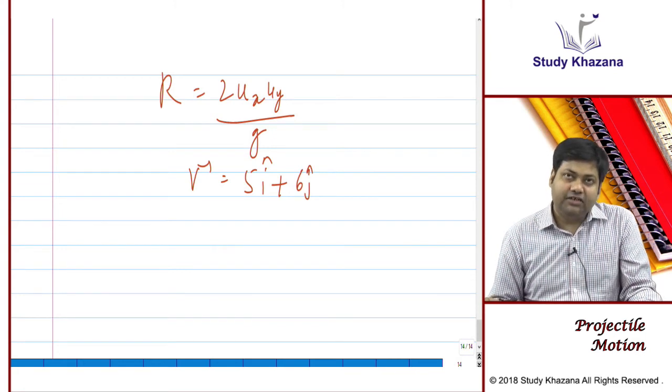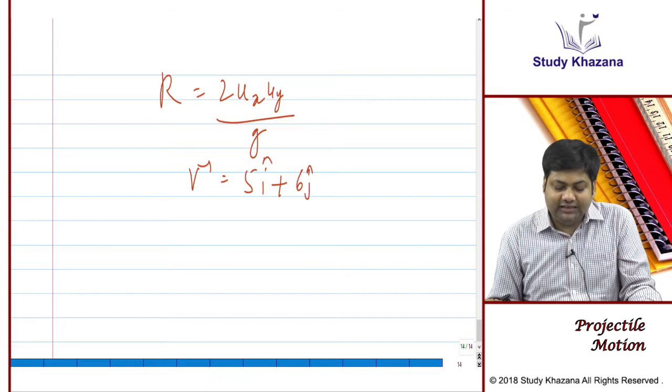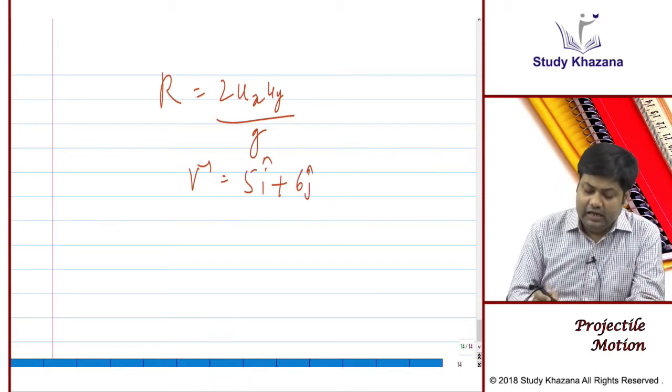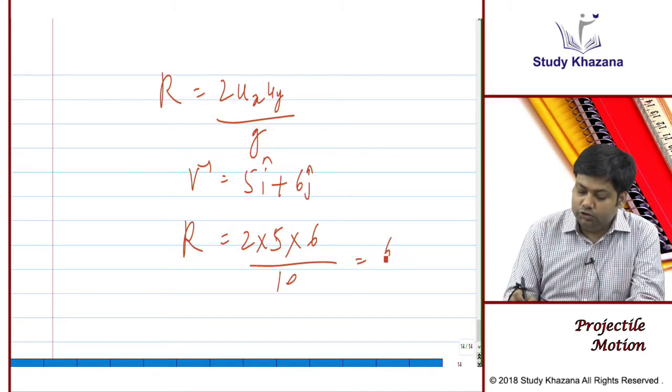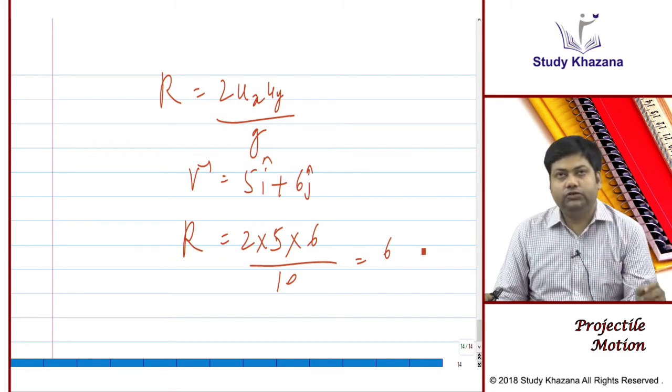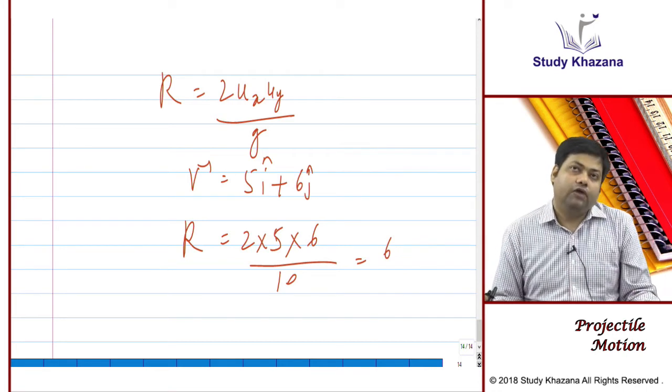So to save time, we'll use ux and uy. ux in this case is 5, and uy is 6. So I can directly put 2 into 5 into 6 upon g as 10, so the range is 6 units. So this is the benefit of the vector.